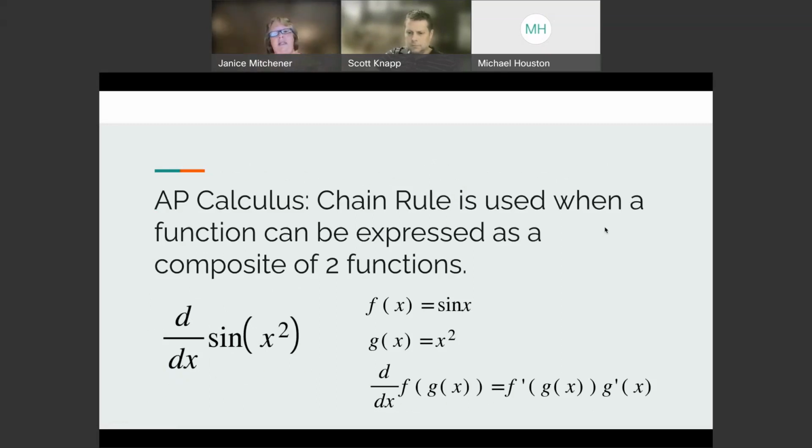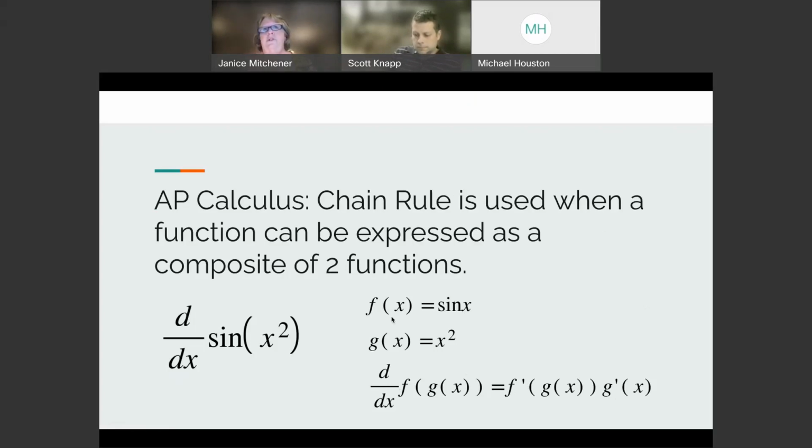If my students in calculus could recognize right off, that's a composite function. What's my inner function? The inner function has to have its derivative. The outer function right here has to have its derivative. And so that's what I think about the important thing about composites by the time we get to calculus.